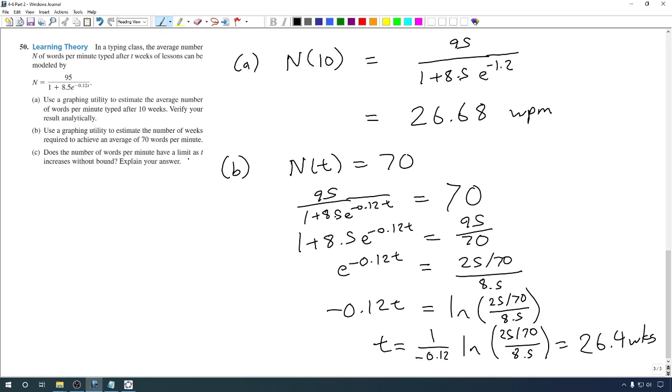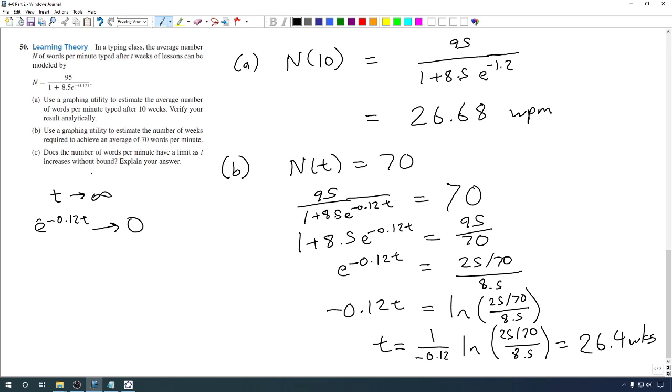Well, notice what happens to our function as we go. This 8.5, well, that's not too relevant, but the e to the minus stuff here, this part is going to 0. So as t goes to infinity, e to the negative 0.12t is going to, shouldn't say equals, is going to 0.